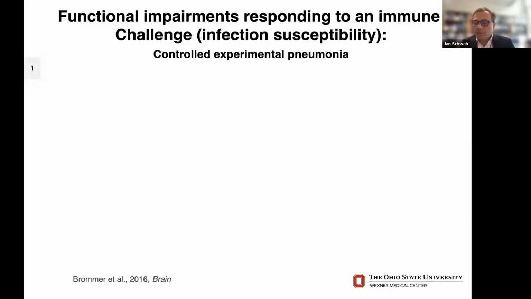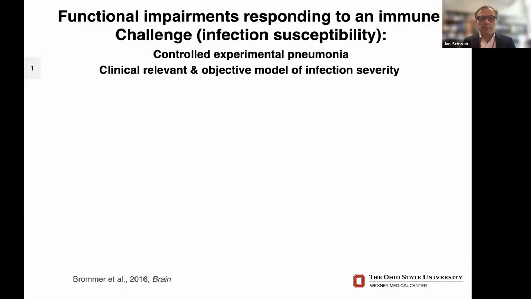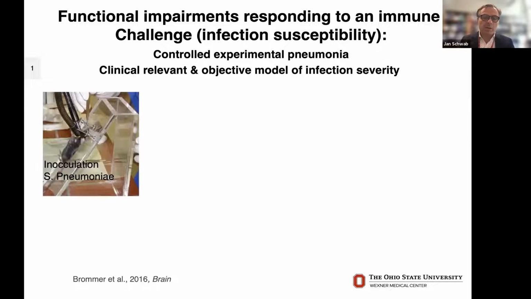And to learn more about that, here we performed a bed-to-bench-side reverse translational approach, where we developed a controlled model of experimental pneumonia, basically superimposing pneumonia on animals with spinal cord injury. Animals are inoculated with 500 colony-forming units of Streptococcus pneumoniae.